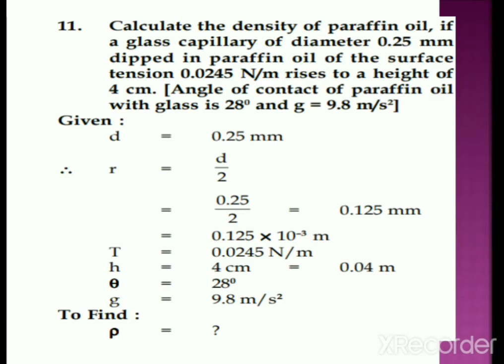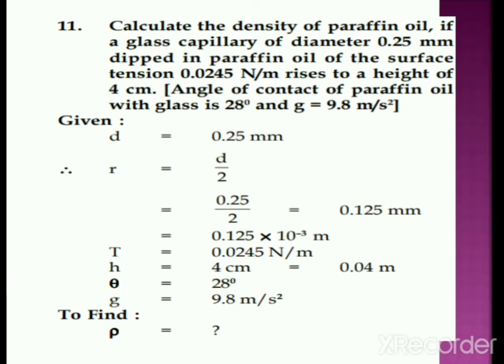The next example. Calculate the density of paraffin oil if a glass capillary of a diameter 0.25 mm dipped in a paraffin oil of the surface tension 0.0245 Newton per meter rises to a height of 4 centimeter. Again angle of contact of paraffin oil with glass is given, that is 28 degree, and gravitational acceleration we have to use 9.8 meter per second square.